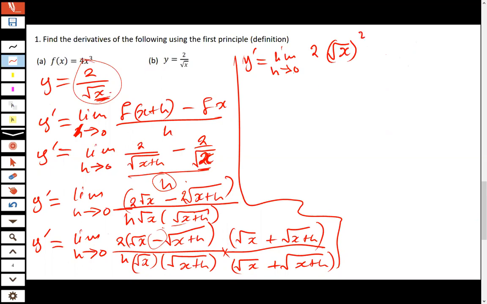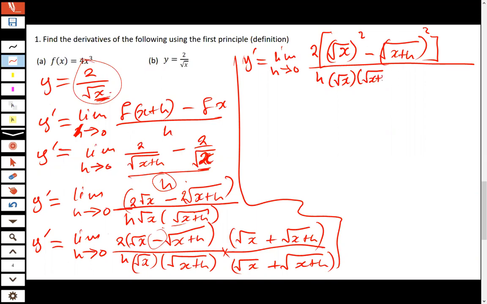Or let me say, since this is a difference of 2 squares, we can also write it as the root of x squared minus the root of x plus h, then squared. Then we're dividing everything by h, open brackets, root x, then root x plus h. Then we're also multiplying it with the conjugate, which is root x plus root x plus h.